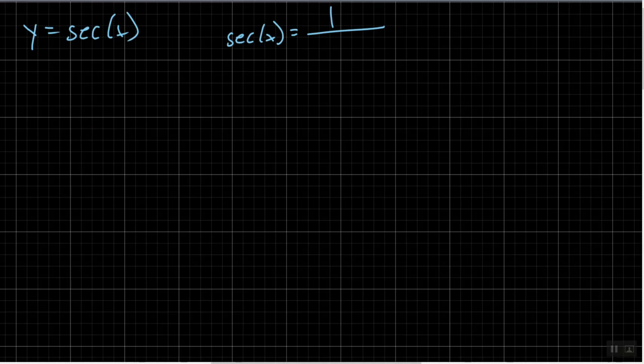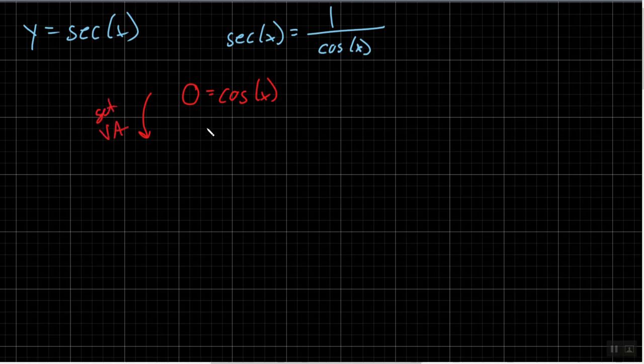Okay, secant is the reciprocal of sine or cosine? Yep, cosine. Cosine of x. So each value of x, I'm just going to flip over. We did this before, so I'm not going to make us do it again. We have to set cosine equal to 0 to get our vertical asymptotes.